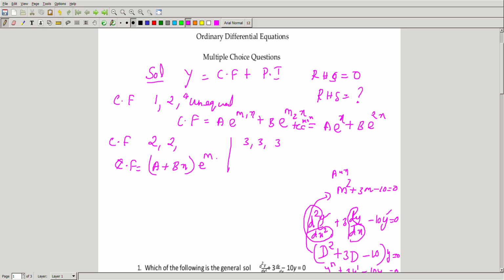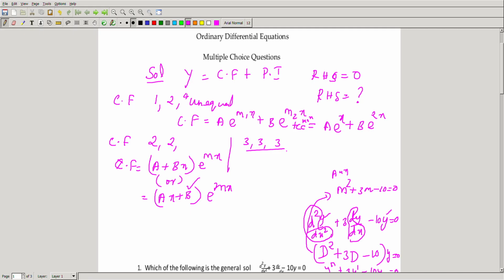Since m is common, where m value is 2, you can also write (ax plus b) into e power mx, which is also correct, because of the linear equation concept.